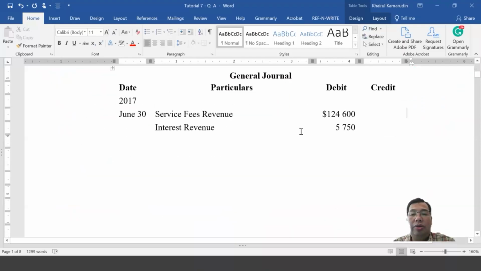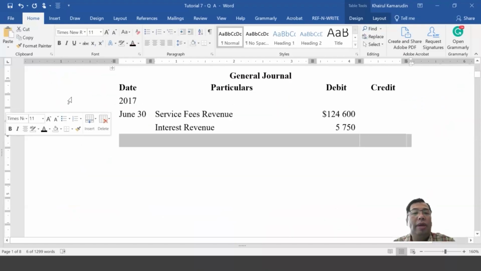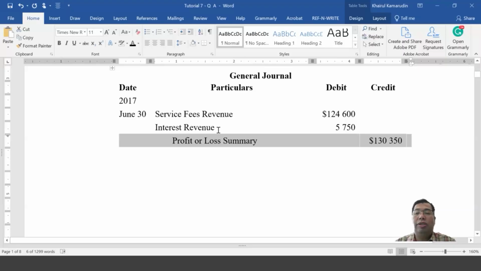The account that you should credit will be your profit and loss summary. The total amount will be 130,350. So this will be your total profit and loss summary.